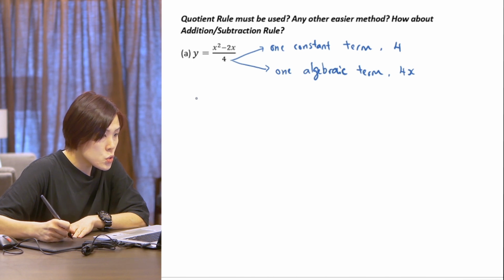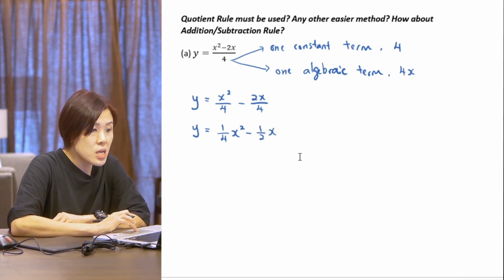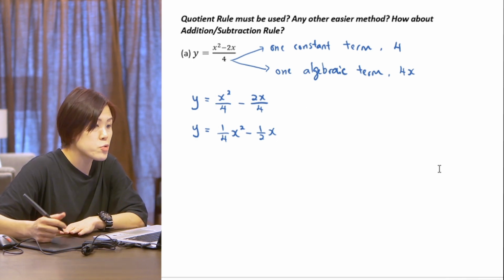What I am going to do is put y equals x squared over 4 minus 2x over 4. And this can be simplified as 1 over 4 x squared minus 1 over 2 x. Once we have this form, we can differentiate this equation term by term by using the addition and subtraction rule.